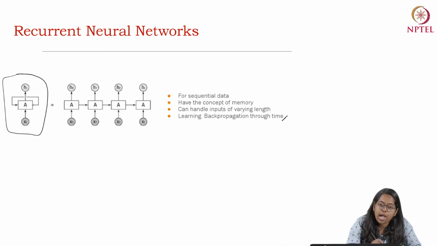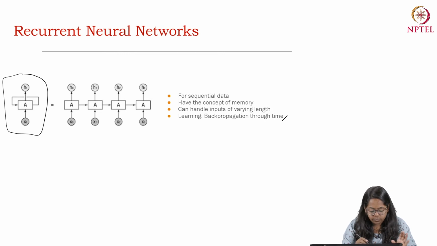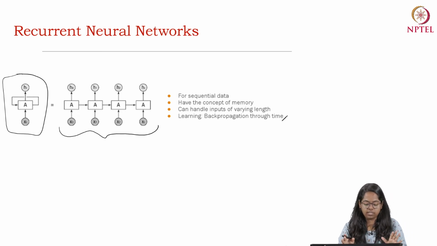And then the output of this layer is again passed on to the same layer, and we also have something called the hidden state. So this whole network can be unfolded in this fashion, as can be seen at the right hand side. It is easier to understand if we unfold this architecture.